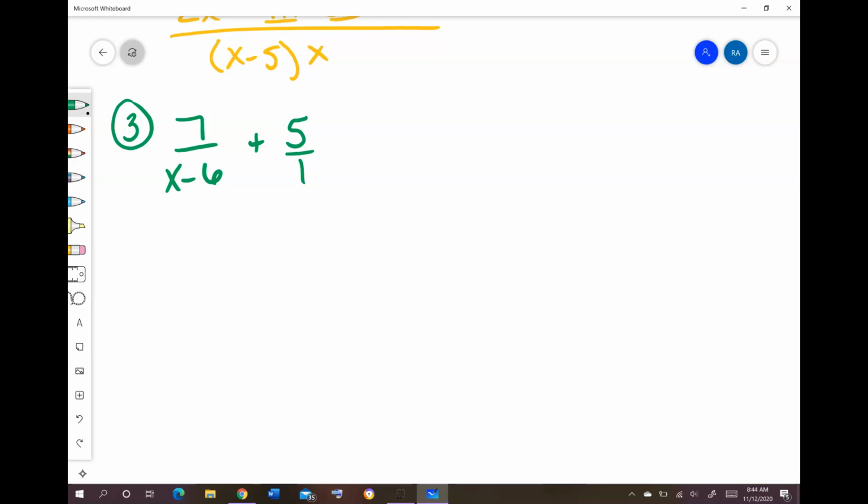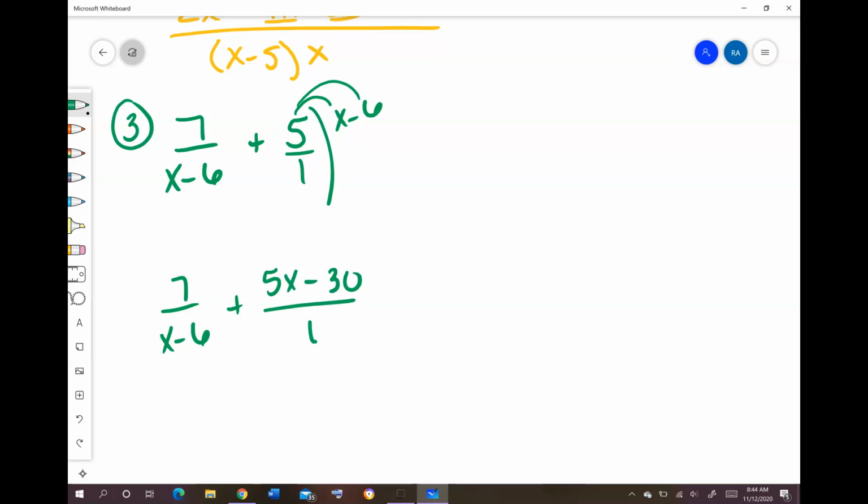They're both factored, so we're good. This side, x minus 6, doesn't have the 1, but do we need to multiply by 1? No. But the right-hand side denominator is missing the x minus 6 part. So we bring the 7 over x minus 6 down because it's good, plus distribute the 5, and I get 5x minus 30. Hold on, I skipped a step.